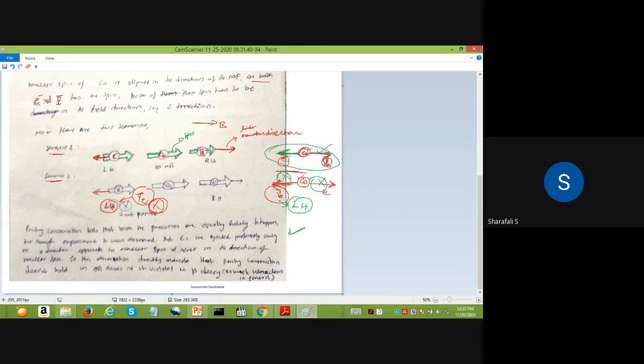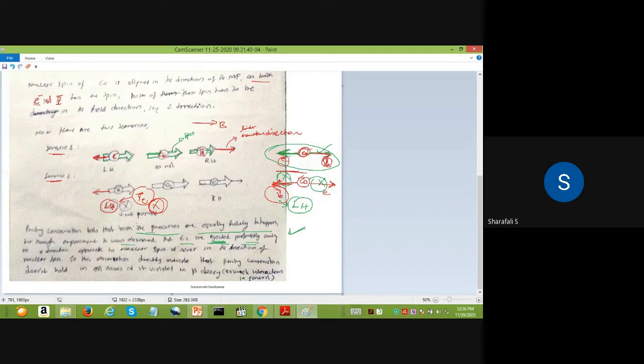So as a conclusion, parity conservation tells us that both processes are equally likely. If you consider these two scenarios under parity conservation, both of them are possible. But in reality, when Wu and his group did this experiment, it was found that electrons are always ejected in a particular direction, which we can measure from the electron path.